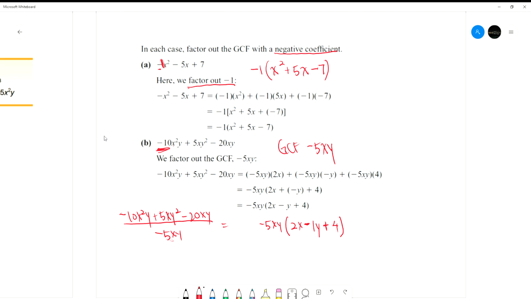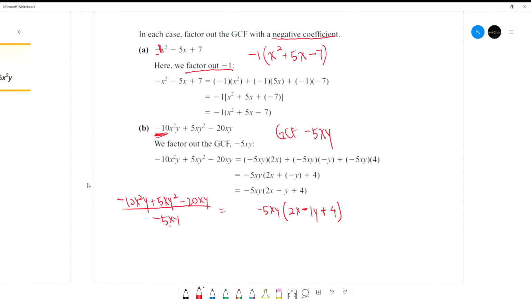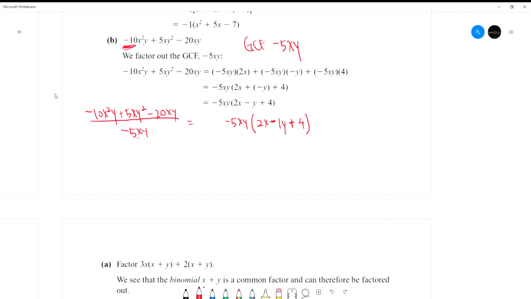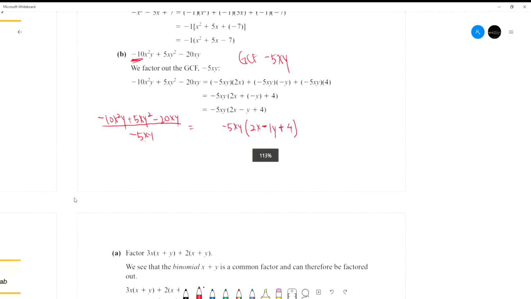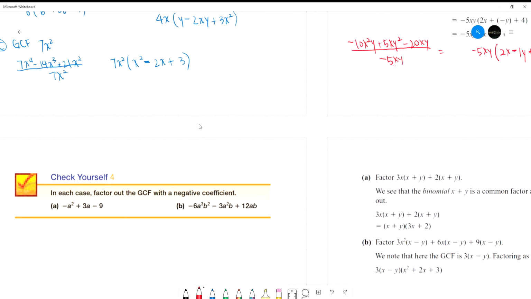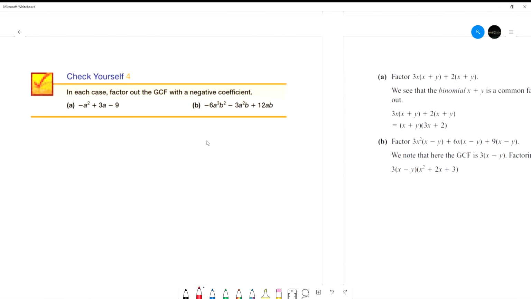Okay, any questions? Yeah, pretty simple, at least for that one. So if you can, please try these two right here.